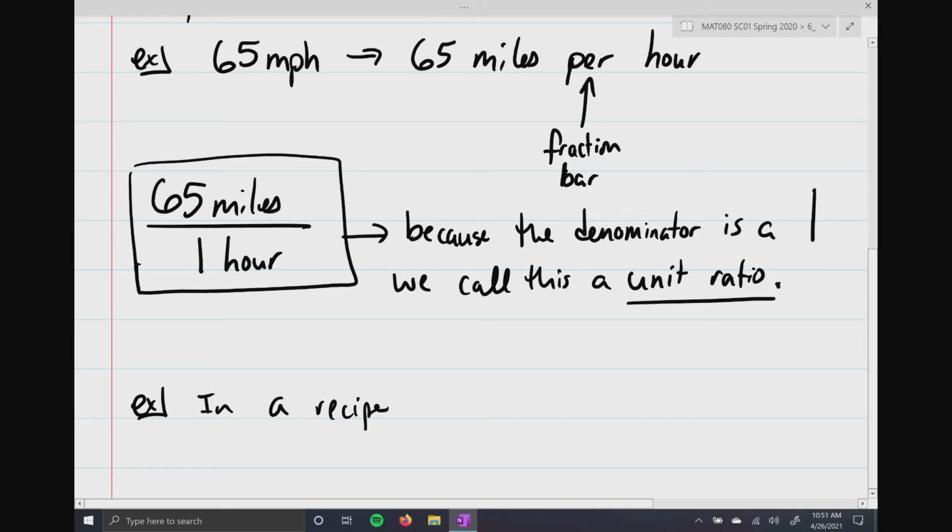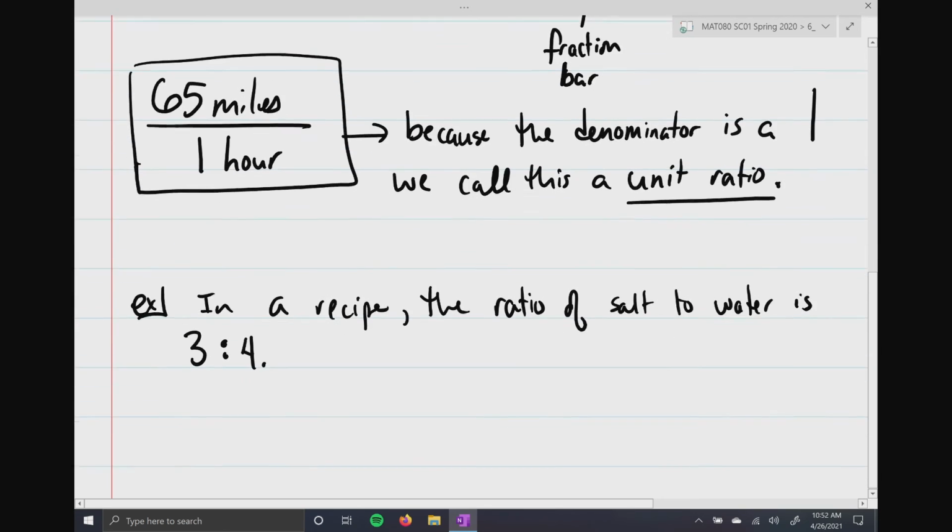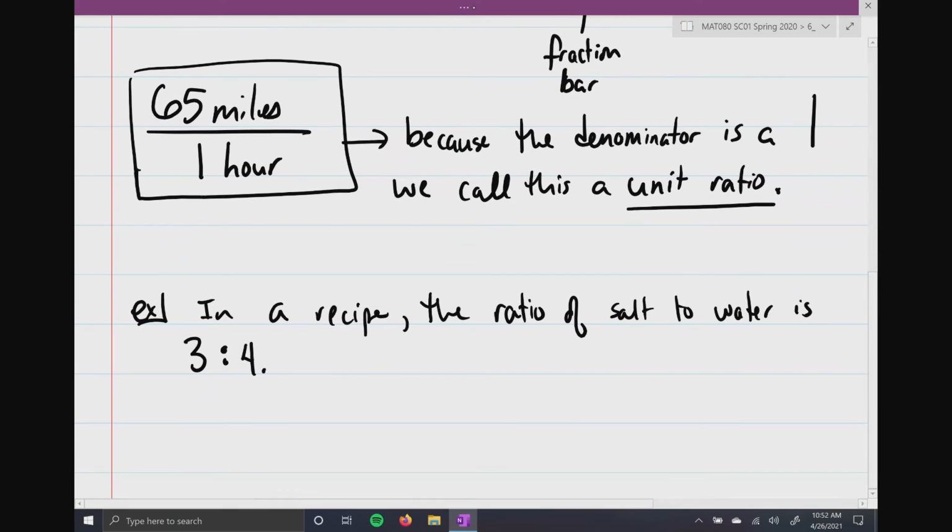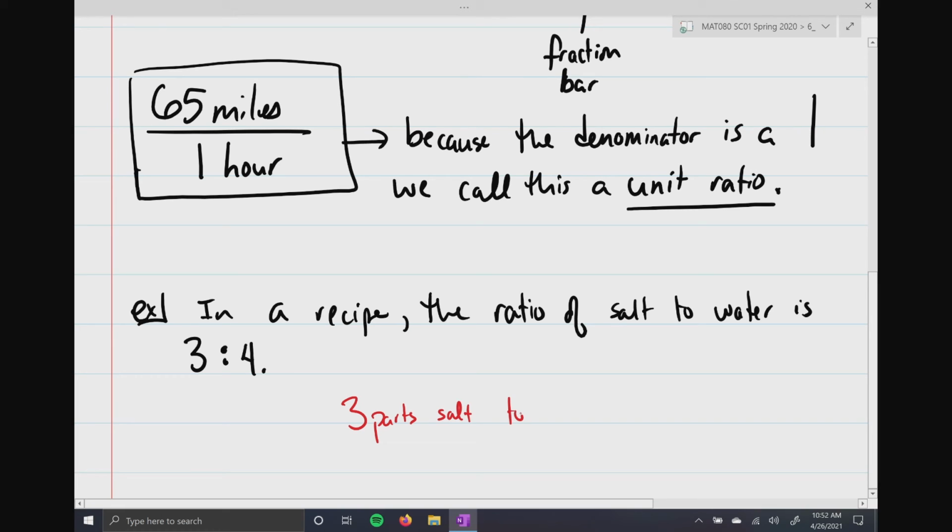In a recipe, the ratio of salt to water is 3 to 4. So in other words, what you're telling me is 3 parts salt to 4 parts water.